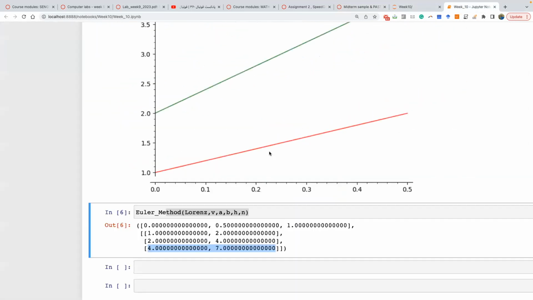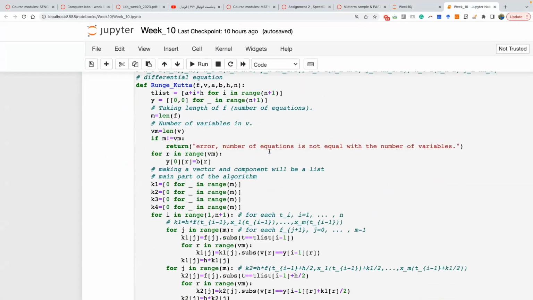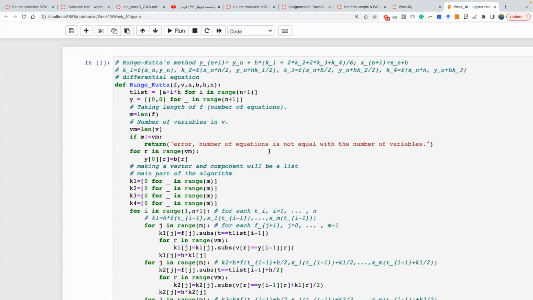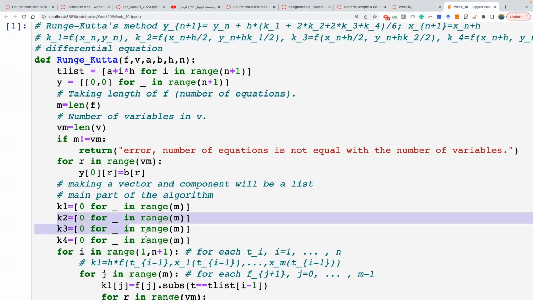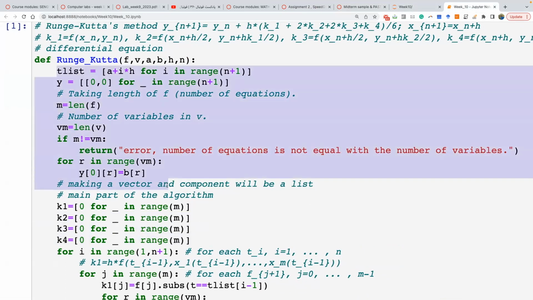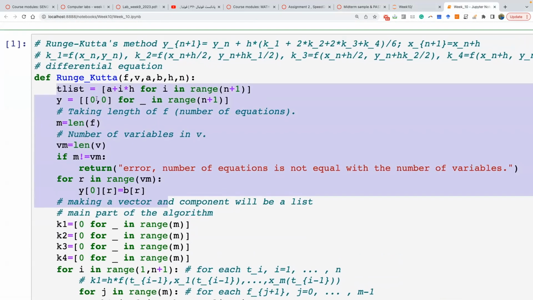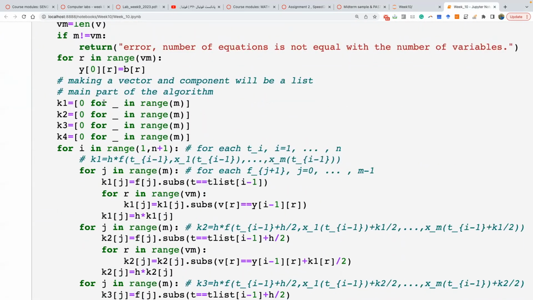Okay, so now this is the Runge Kutta. I more or less explained Euler's method, but I leave this one to you. The difference is, instead of K1, I have K2, K3, K4. Here is the same thing. Again, Y0, 0.